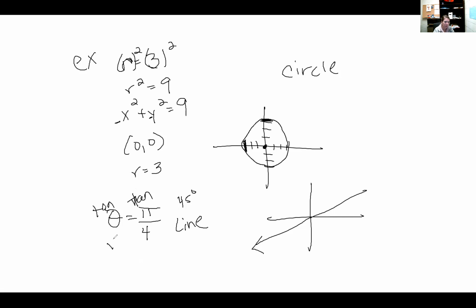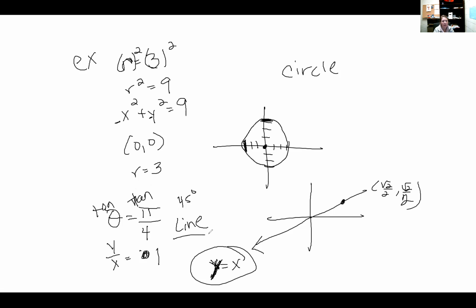Okay, and we know this is y over x equals tangent of pi over 4. What is tangent of pi over 4? Think about pi over 4, that's square root of 2 over 2 over square root of 2 over 2, that's going to be a 1, right? So tangent of pi over 4 is going to be equal to 1, and then how do you solve that? Well, that's going to be y equal to x. Okay, so that would be the equation for that, and we know that it's a line.